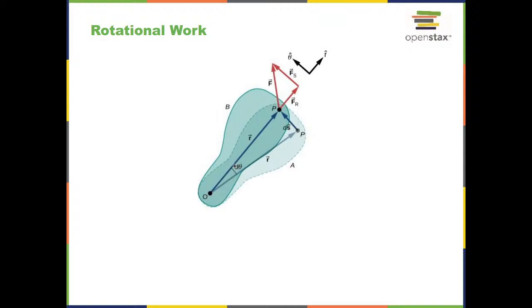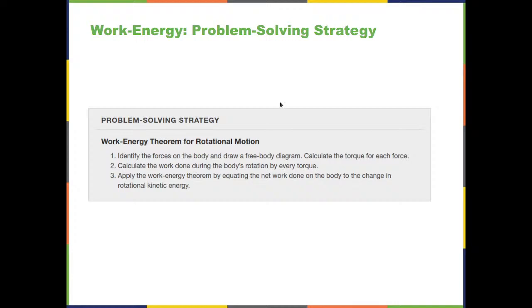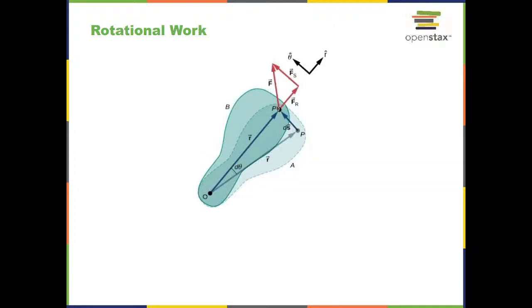It's rotating over an angle d theta, under the influence of a force F, which has a radial component and a tangential component. We went through a derivation to calculate the expression for work.